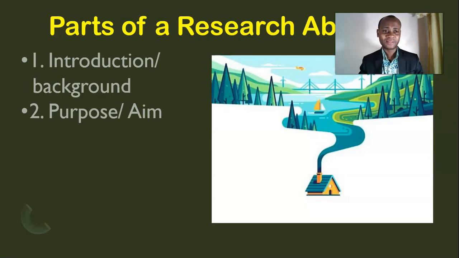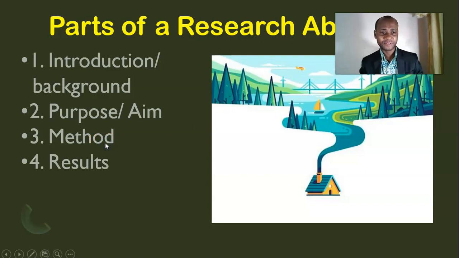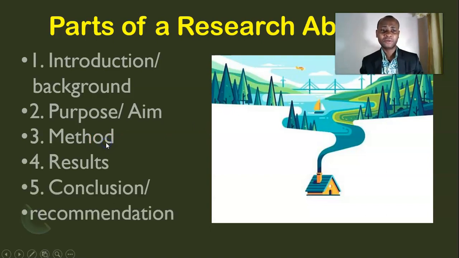So we are talking about a standard abstract here. Number two, it should have a purpose or aim, and then it should have a method, and then results, conclusion slash recommendation. Okay, so all these five components should be found in the abstract.